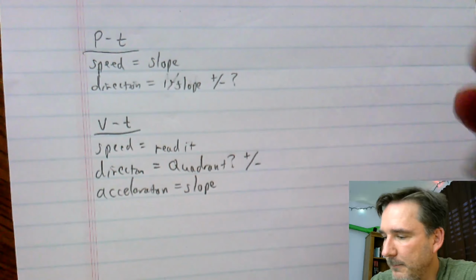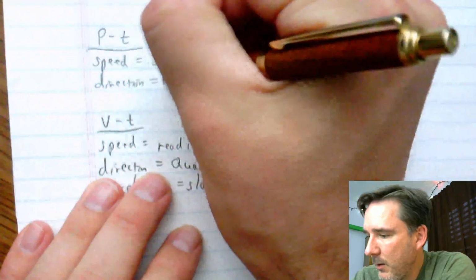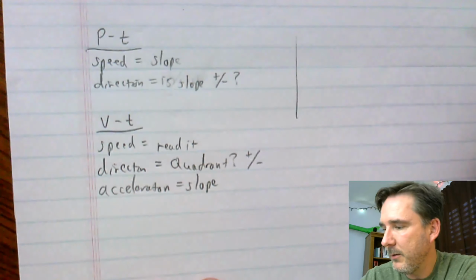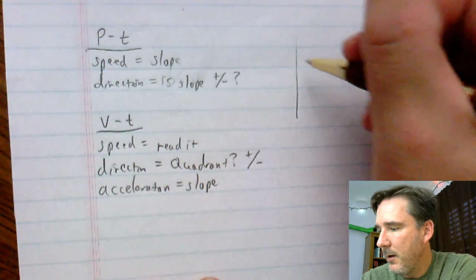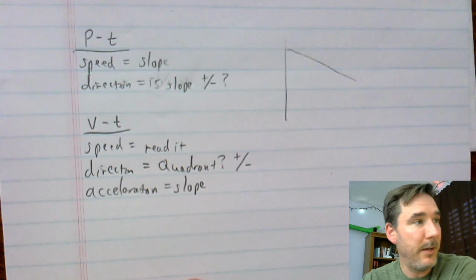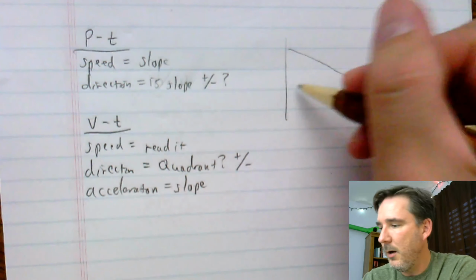So how do you know? Let me rewrite this a little bit clearly, because I got some eraser marks. So how do you draw a position time graph representing somebody moving backwards? Well, like this, basically. It could go like that, that's moving backwards, moving in a negative direction, because the slope is a negative slope.